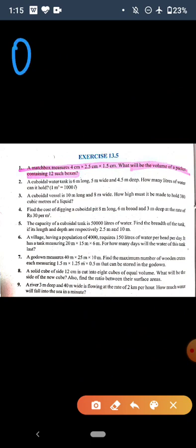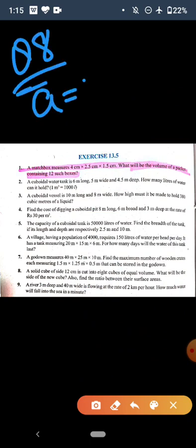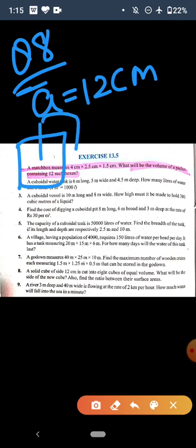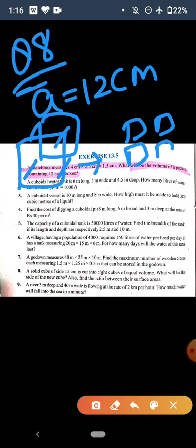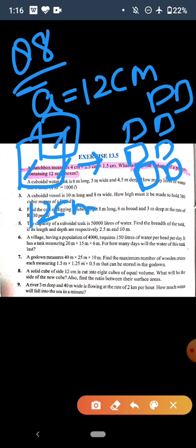Next, question number 8, a solid cube of side 12 centimeter is cut into 8 cubes of equal volume. There is a cube and it is cut into small 8 cubes. So what will be the side of the new cube? Here the side is 12 centimeter and you have to find out the side of the small cube.